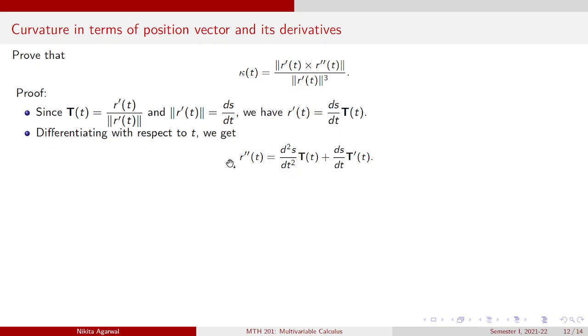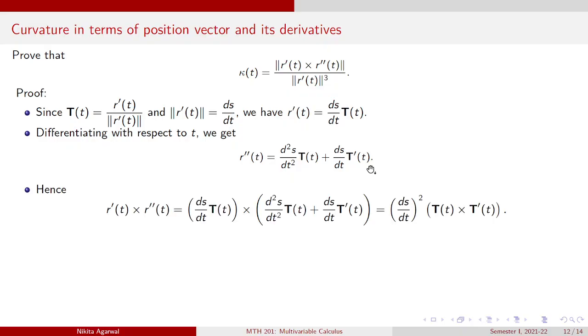On the left you get r''(t). On the right you get d²s/dt² T(t) plus ds/dt T'(t). So if you take the cross product, which is the numerator here, of r'(t) with r''(t), you are taking the cross product of this term with this term. You can distribute it, right?